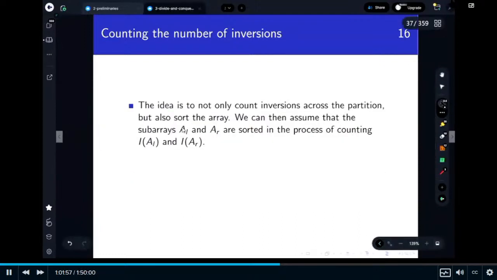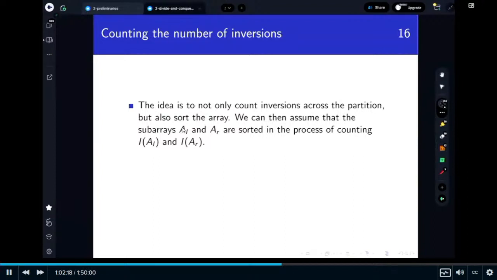So how do we do this? We're actually going to do two things. We count the inversions on the left and on the right, and we also sort both sides.